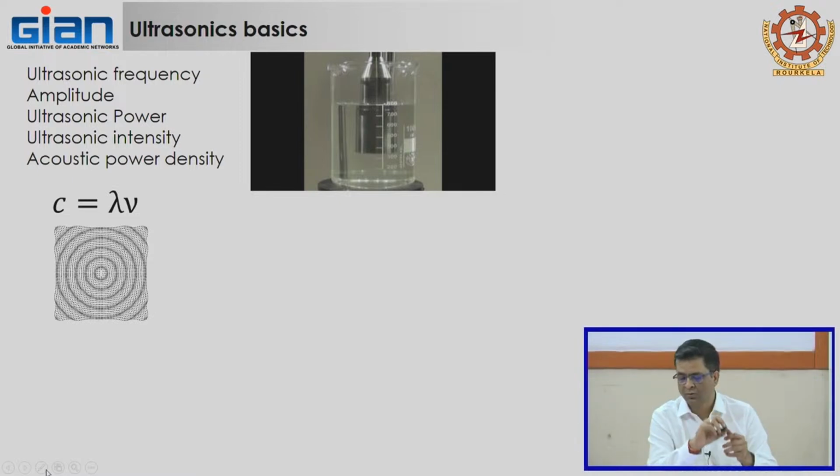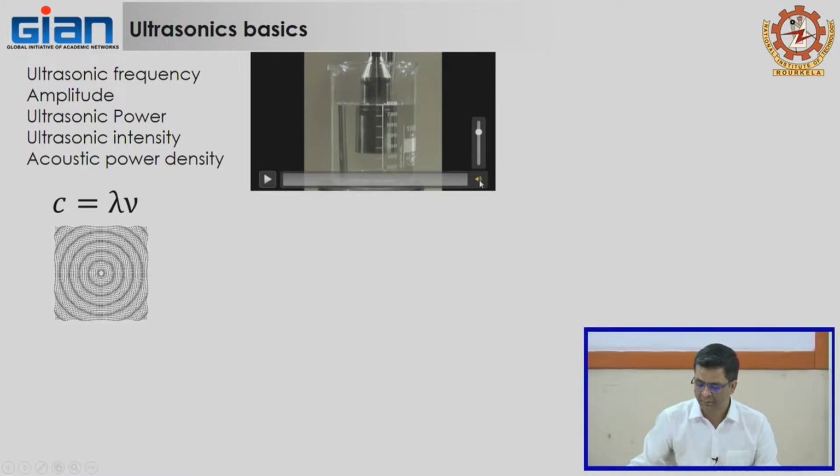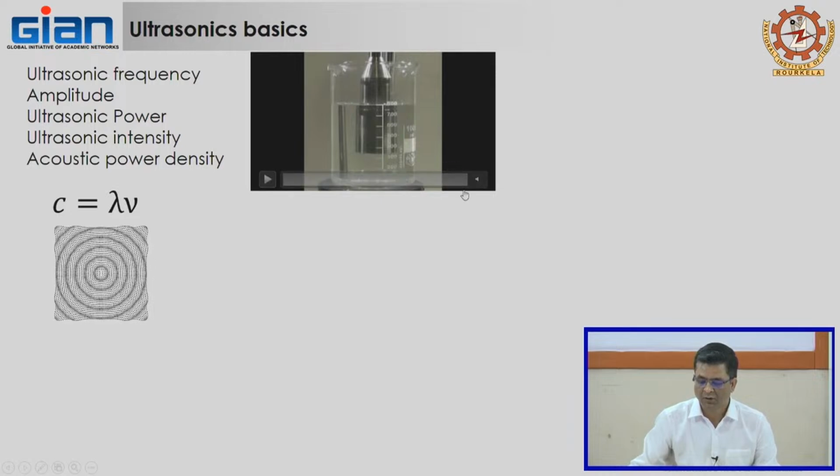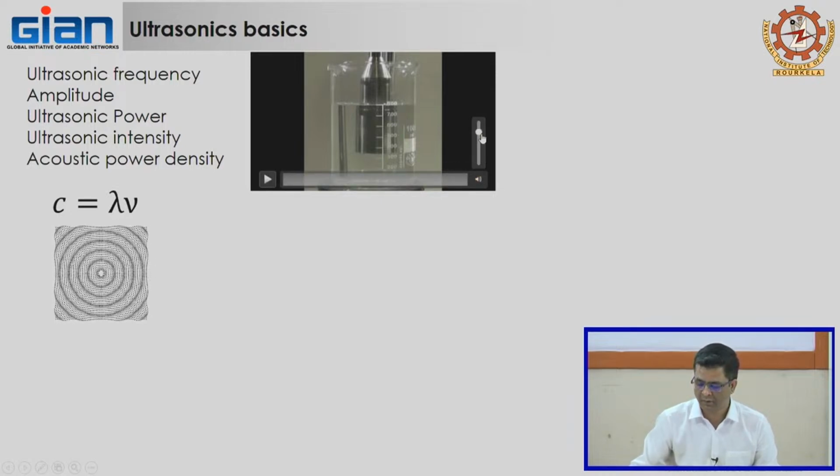Now when it comes to ultrasonics, what are the key parameters related to that? This is very important to understand. How many have seen ultrasound working, the noise of ultrasound? So first and foremost, the important one is ultrasonic frequency. Sound operates based on frequency.